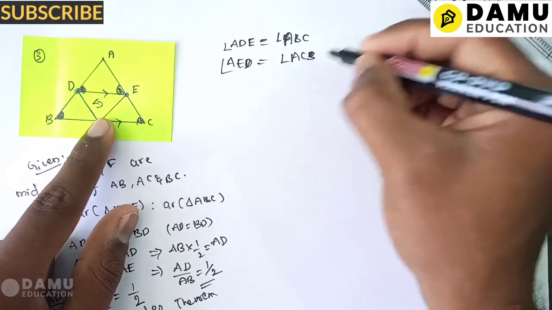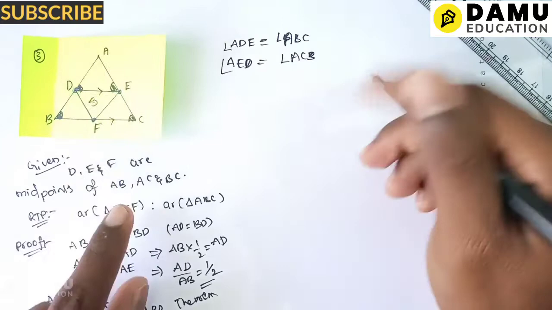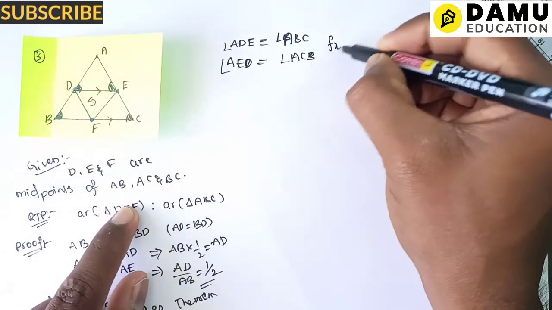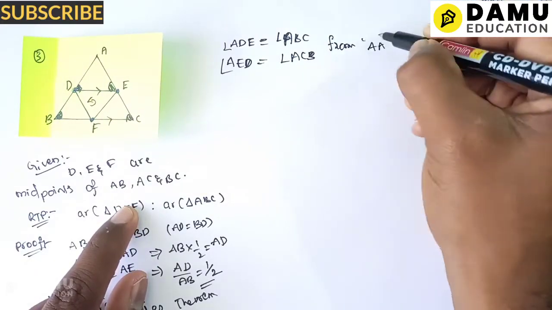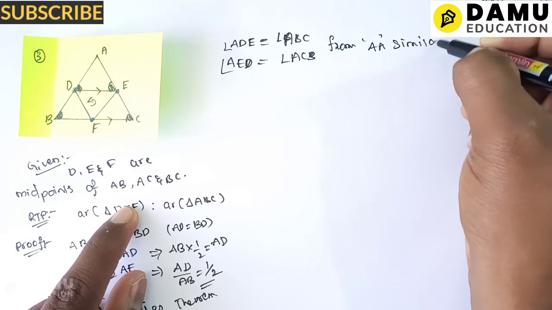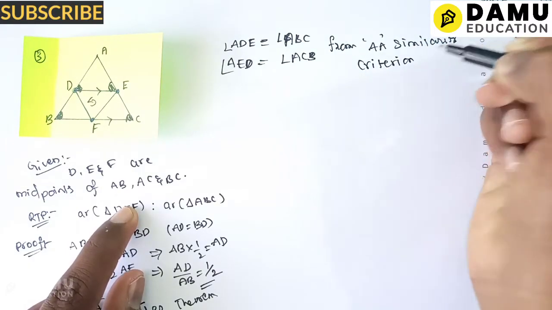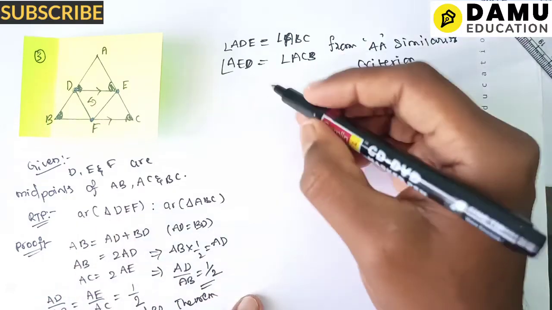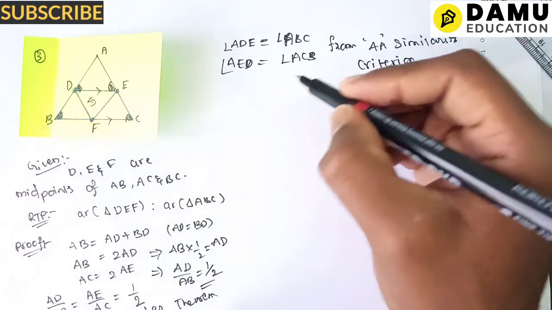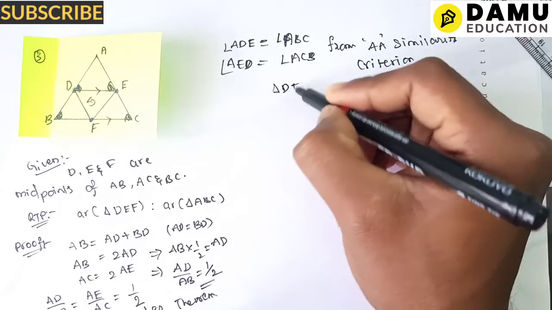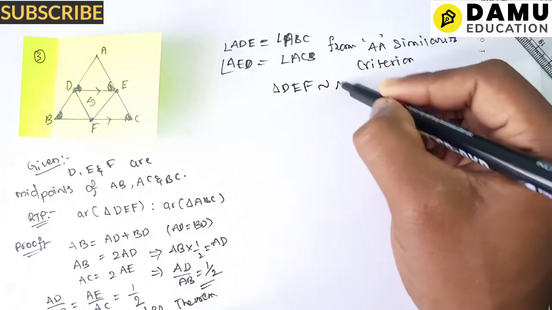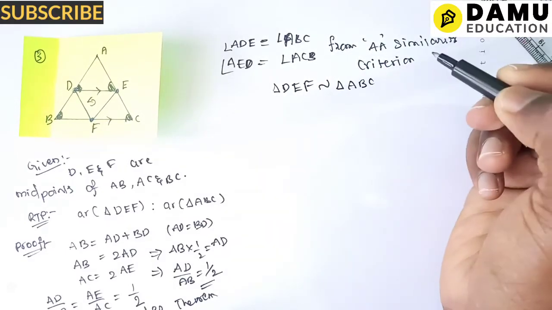So from these two angles, by the AA similarity criterion, both triangles are similar to each other. So triangle DEF is similar to triangle ABC.